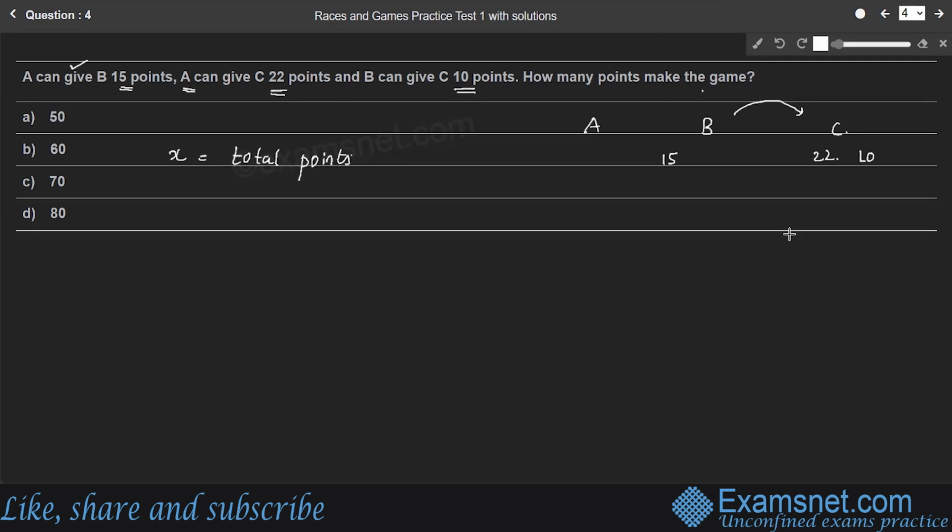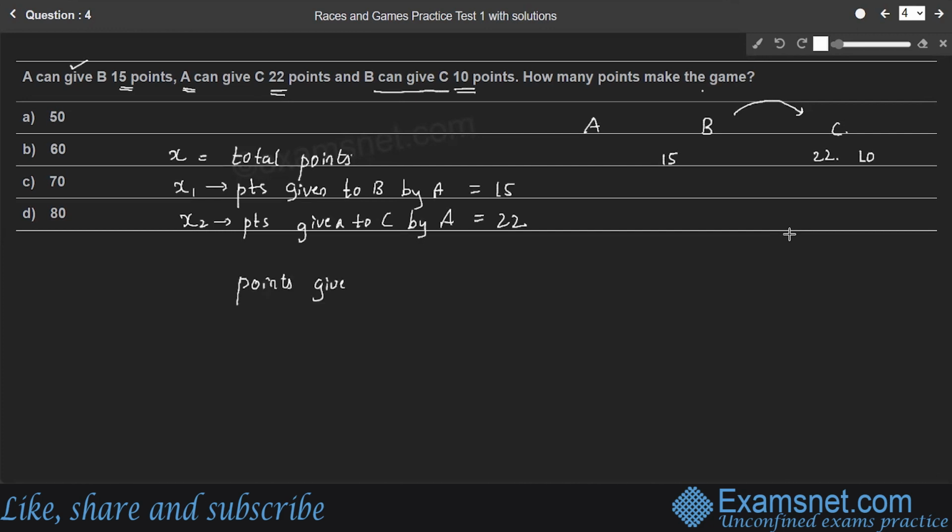So A can give B 15 points. So x1 is considered as the points given to B by A, whereas x2 is the points given to C by the same person A. Therefore, x1 is 15, x2 is 22, whereas 10 points were given to C by B. Therefore, the points given to C by the second person B is, according to the chain rule formula, x into x2 minus x1 divided by x minus x1.